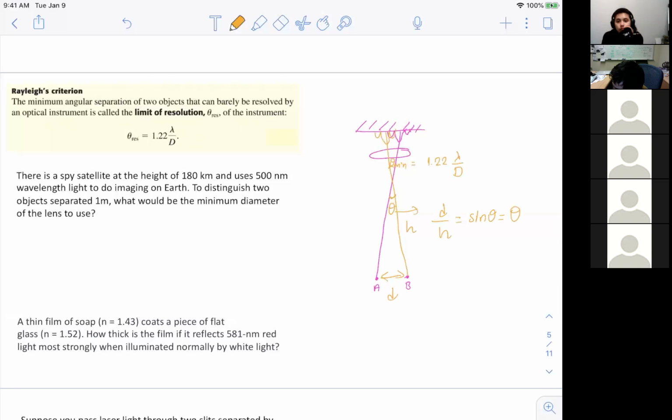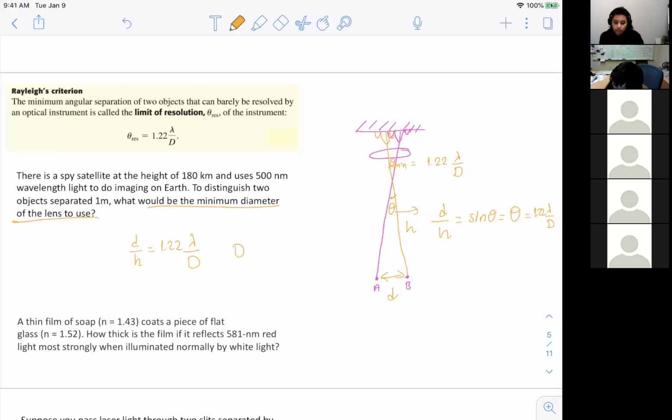Then it will be equal to 1.22 lambda over D. Then it asked what would be the minimum diameter of the lens, so it asked for the capital D. D over H equals 1.22 lambda divided by small d, and that's what I'm looking for.